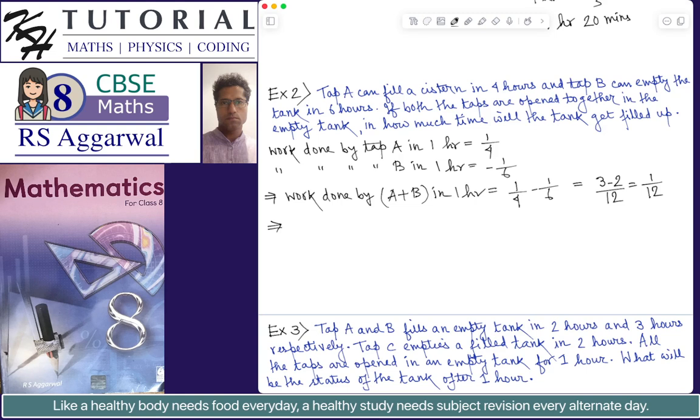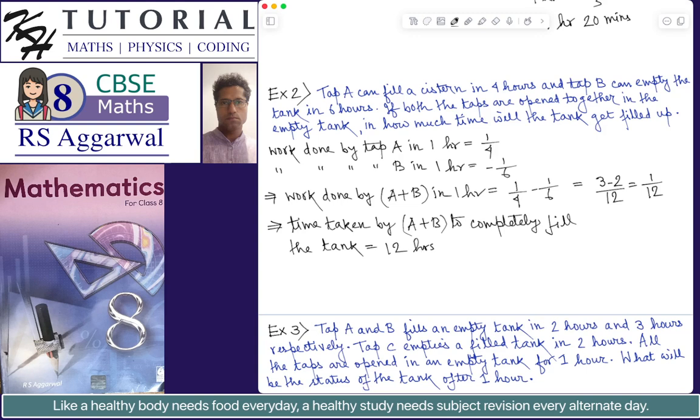So we can say that the time taken by A plus B to completely fill the tank will be equal to 12 hours.